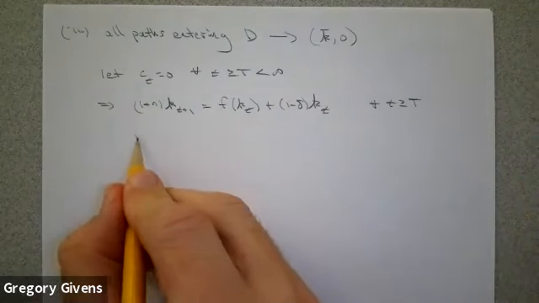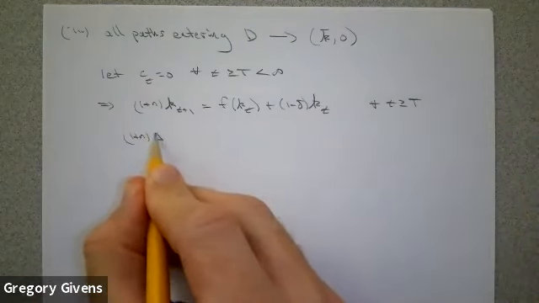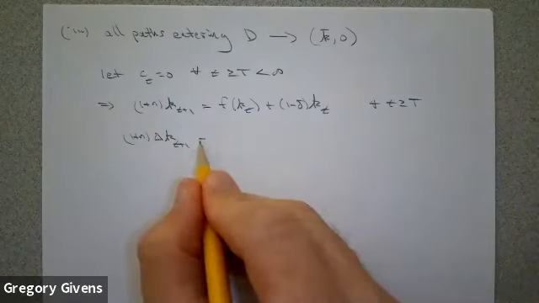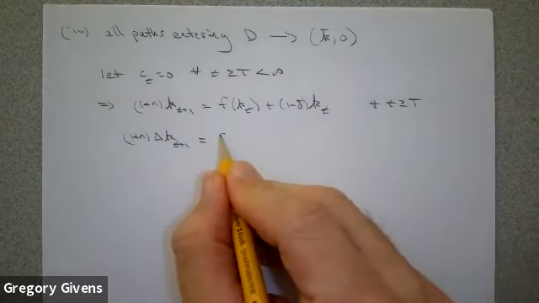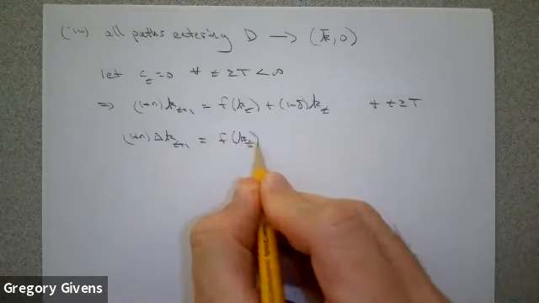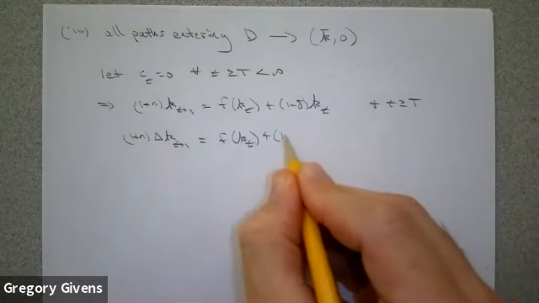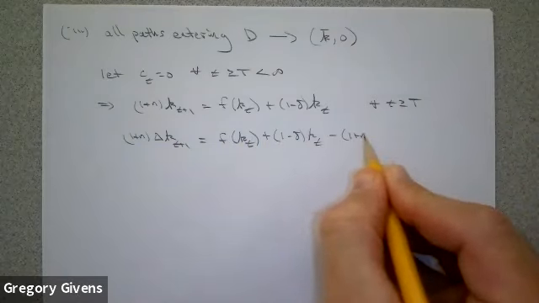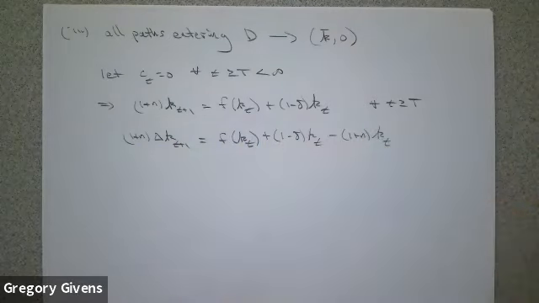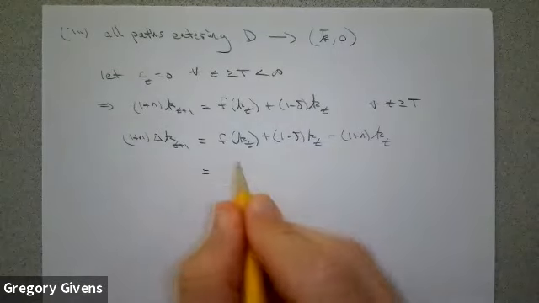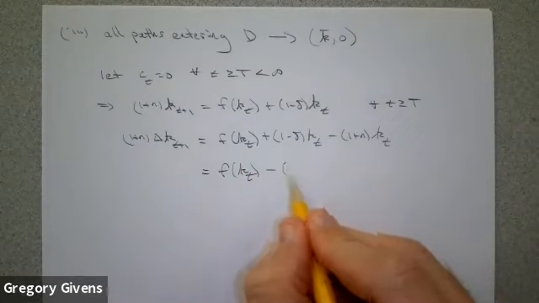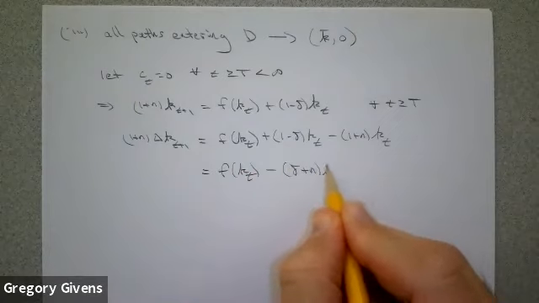Well, that just means that (1 plus n) times the change in the capital stock between t and t plus 1 is just equal to f of k_t plus (1 minus delta) k_t minus (1 plus n) k_t, which is just f of k_t minus (delta plus n) k_t.